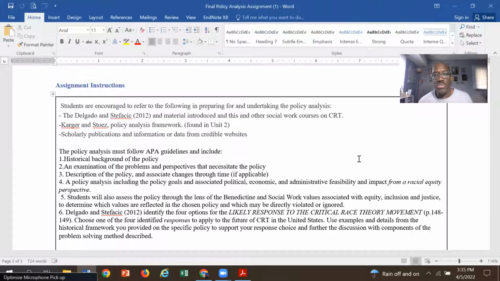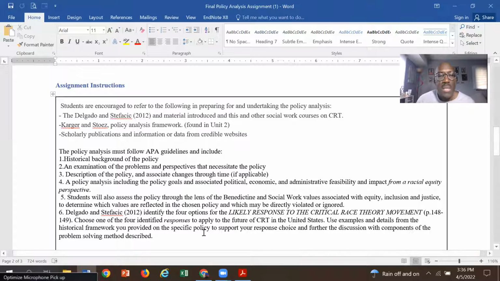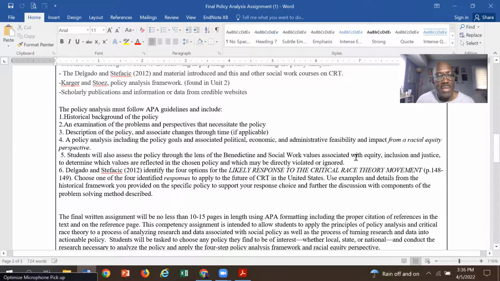Your job is to read through those, looking at your policy, and then make a determination about which option makes the most sense as it relates to this particular policy. They also want you to provide some examples from your historical framework that support your choice as it relates to those options, right? So that's the paper in a nutshell.